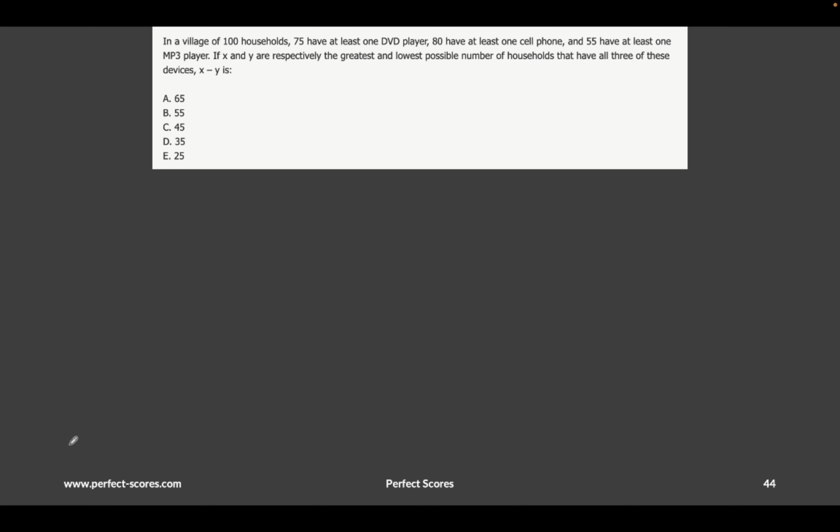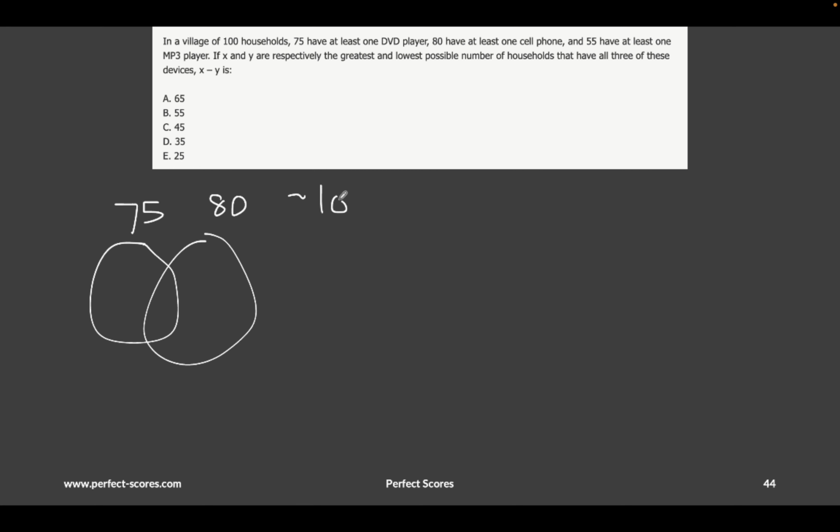So let's start off with the largest numbers here. We've got 75 who have DVDs, and 80 who have cell phones, and we have a maximum of 100 people. So how can I maximize this particular area? Well, if I add 80 and 75, that becomes 155.